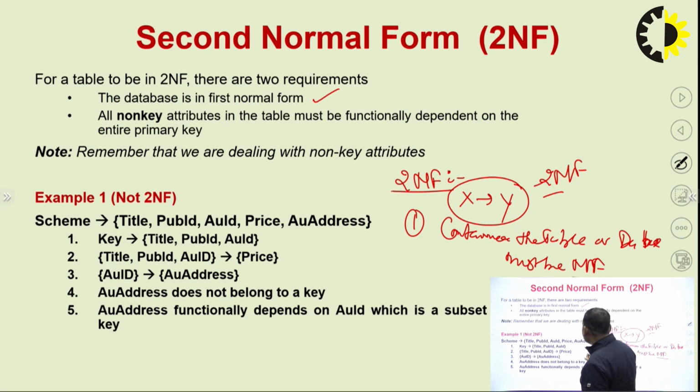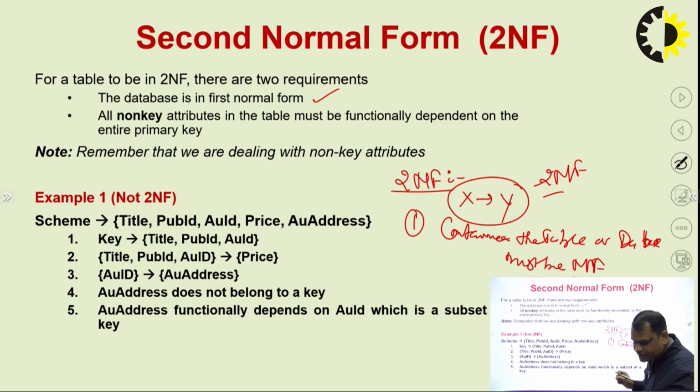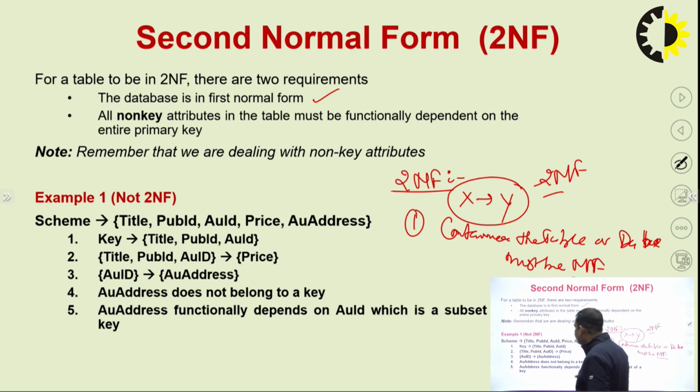All non-key attributes must be functionally dependent on the entire primary key. There are prime attributes and non-prime attributes. In the second normal form example, we have title name, publisher ID, publisher price, and publisher address.